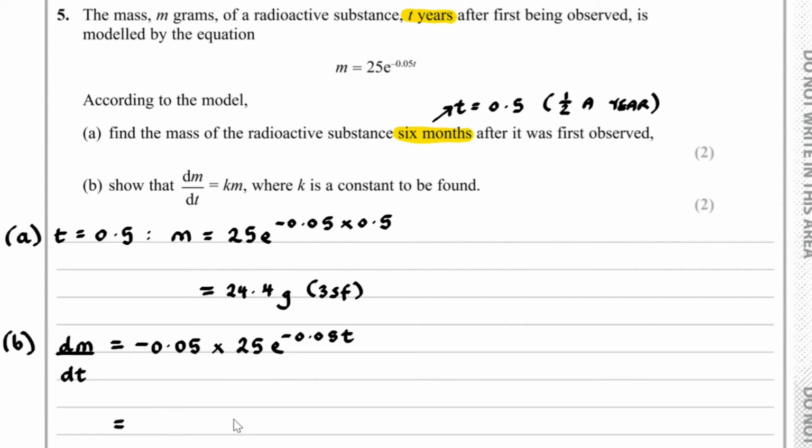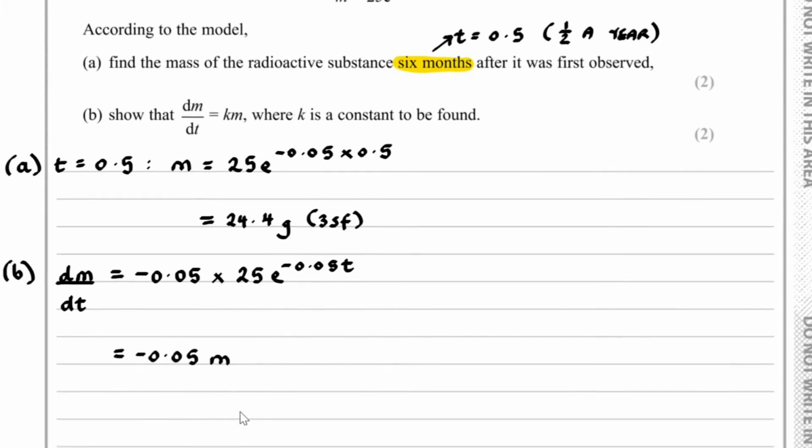And what we end up with here is minus 0.05 multiplied by m. The result we see here is what m is. And so this minus 0.05 is the value of k. So k is equal to minus 0.05.